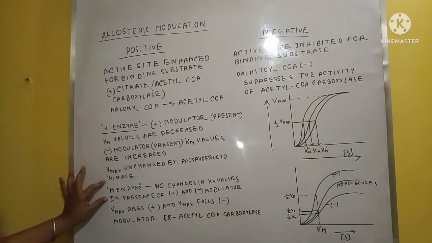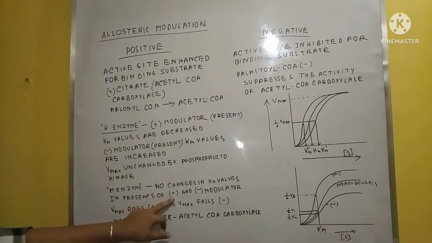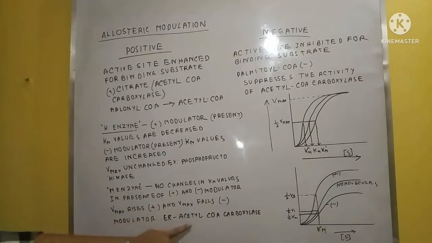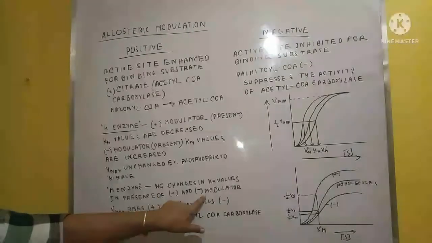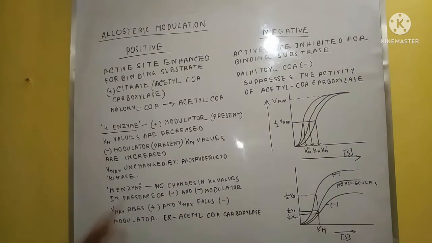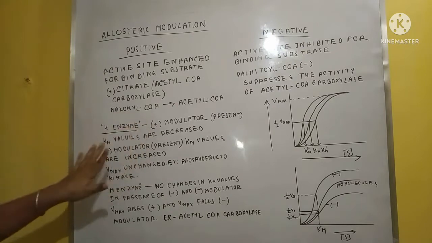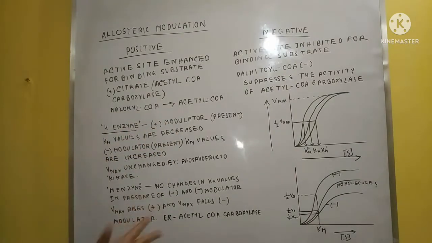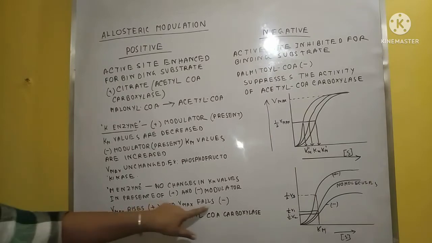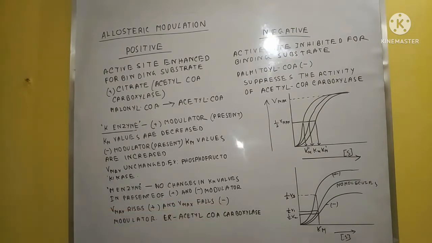But in case of M enzyme, when the positive modulator is present, the Km is the same, and when the negative modulator is present, the Km is the same. What happens in case of Vmax? In K enzyme, when a positive or negative modulator is present, Vmax remains the same. But in M enzyme, you see the Vmax rises when the positive modulator is present in the medium, and Vmax falls when the negative modulator is present. Okay, and these are the two examples.